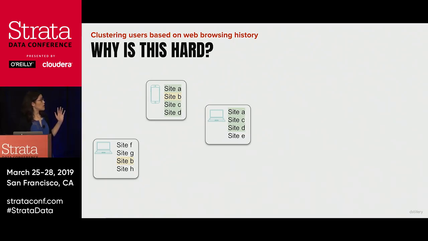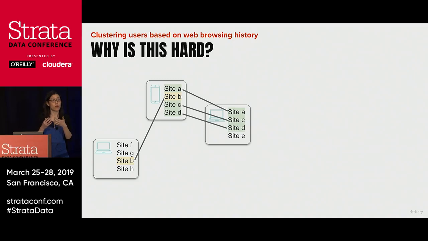So why is it harder? I think if they're picturing something, this is what they're picturing. You have these users, each one has some set of websites that they've been to. Very straightforward. If they have a website in common, then those two users have more in common.